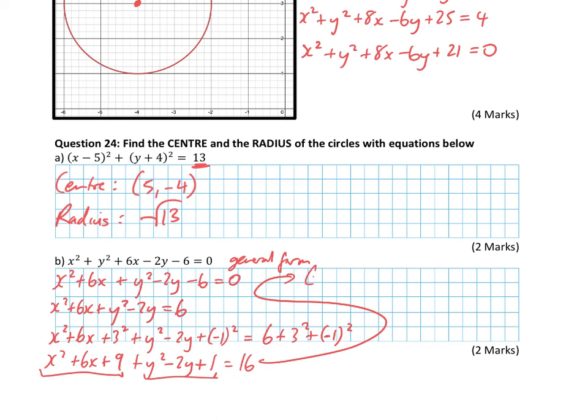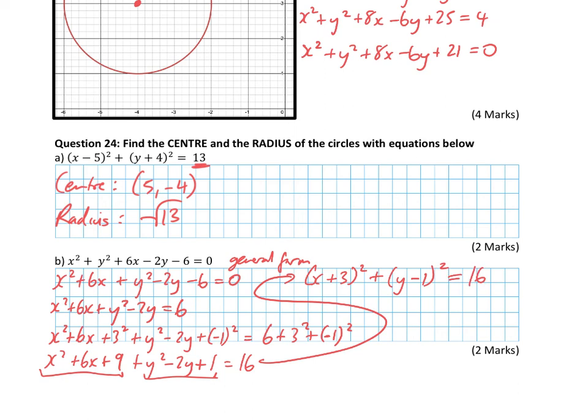It's going to be x. What do I square to make 9? What do I times by 2 to make 6? 3 squared, plus y. What do I square to make 1? 1. What do I times by 2 to make negative 2? It must be negative 1 squared equals 16.